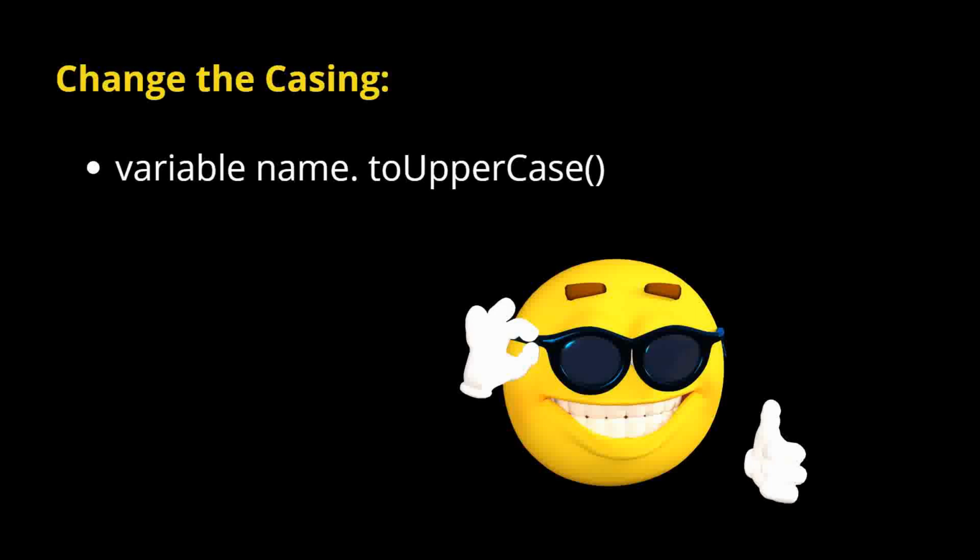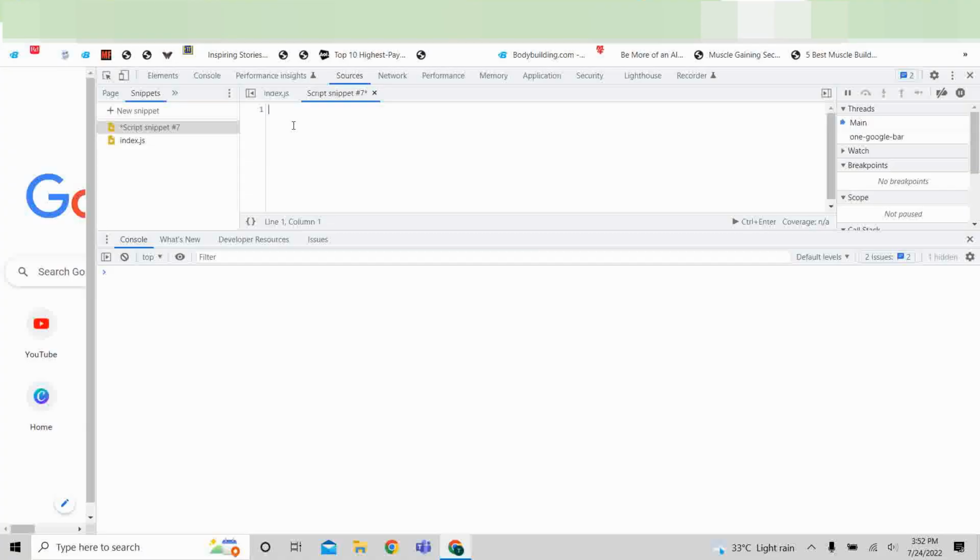Now I will tell you about changing the case of a string. I'm going to take you to the console so that we can see what we are going to talk about practically.